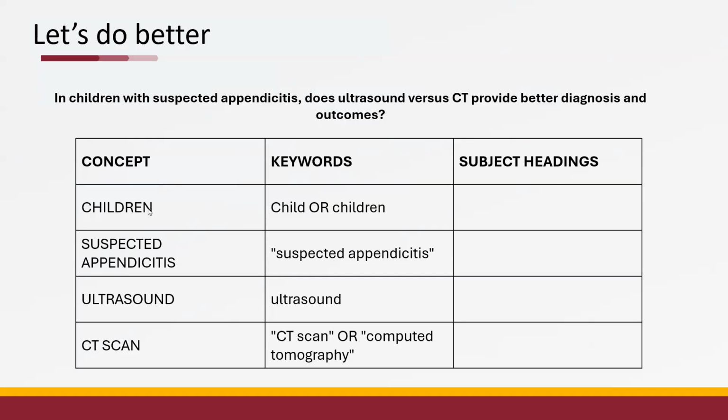And so then we brainstorm different ways to say those things without any of those fluff words. No versus, no better, no provide, no in, and etc. And so everything in each row of our column is combined with or. Every column then gets combined with and. And so let's see what that looks like.